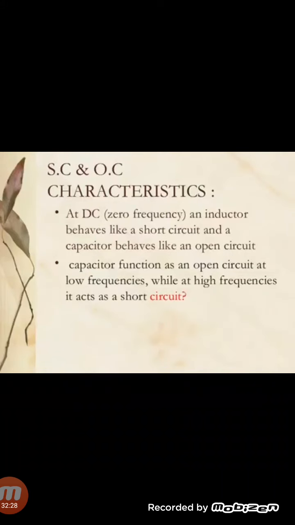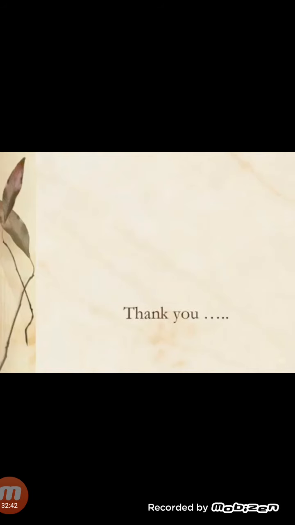Short circuit and open circuit. Students, say L for the short circuit and C for the open circuit. A capacitor functions as an open circuit at low frequencies, while at high frequencies it acts as a short circuit.